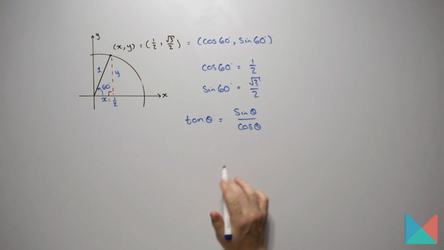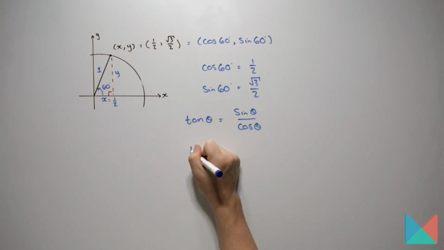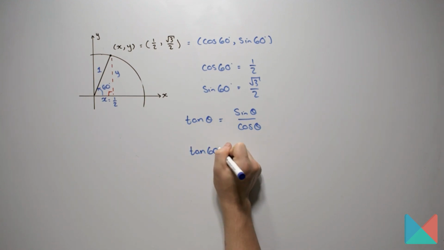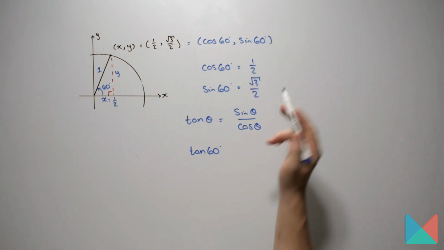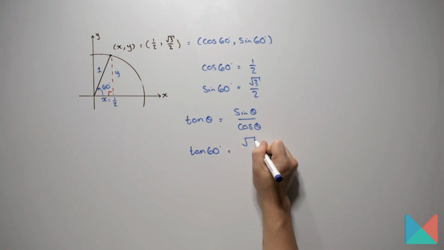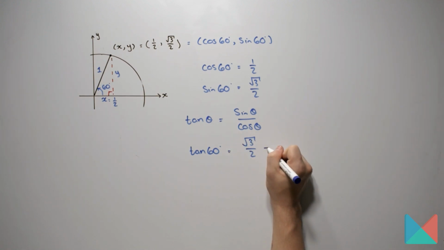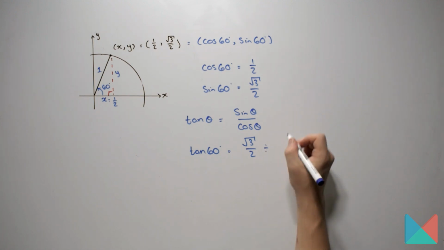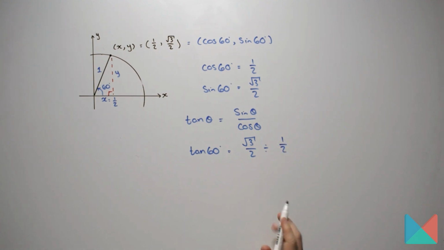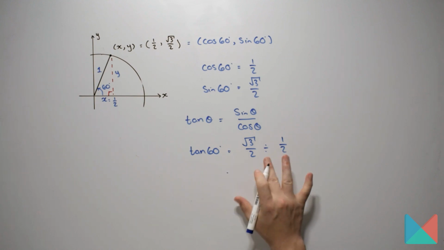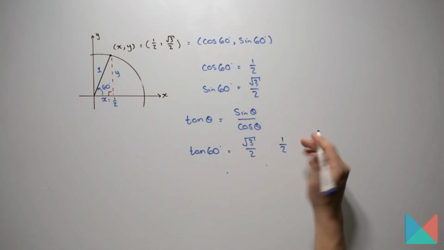And so tan of 60 degrees will equal sine of 60, which is going to be square root of 3 on 2, divided by cosine of 60, which is a half. And we can make this into a times by flipping this fraction over.